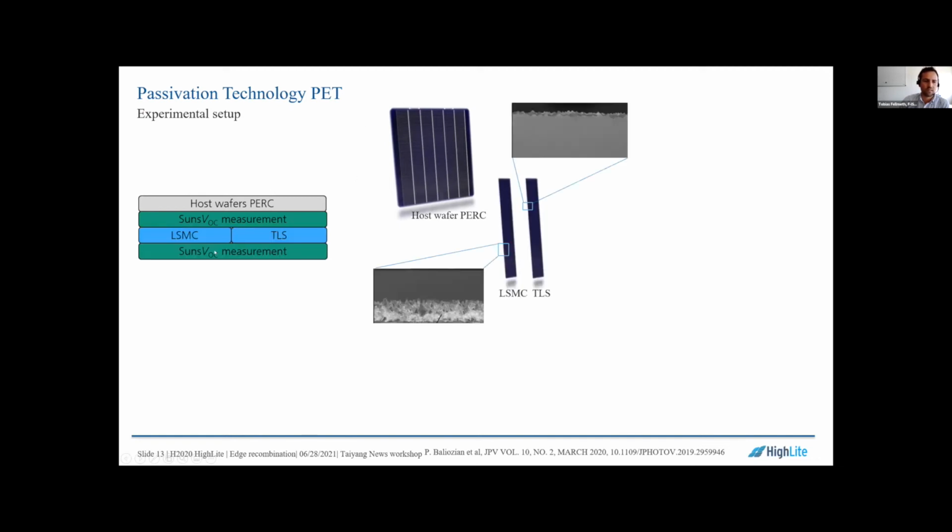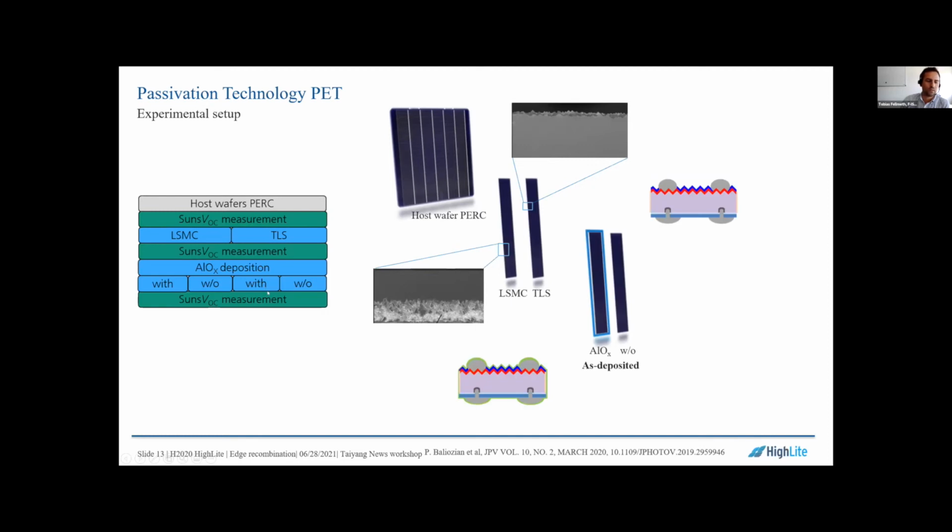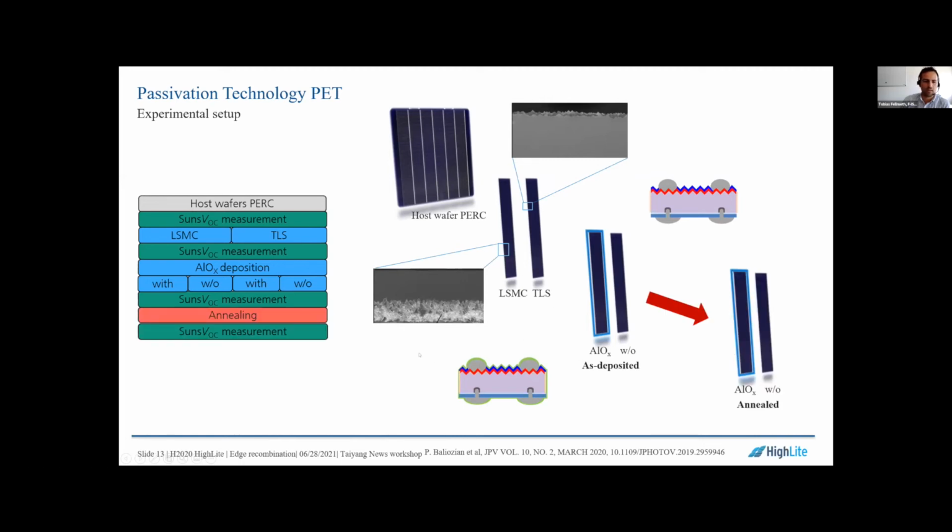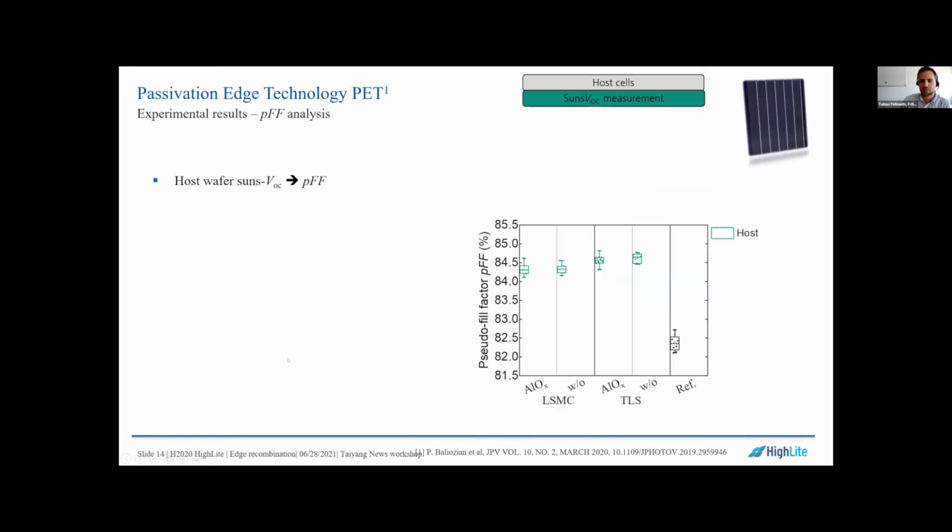And then we basically do LSMC and TLS, cutting these into shingle cells, and then measure SUNS-VOC again. Then we use our thermal ALD process on both shingle solar cells, and then we do the anneal, and then measure over and over again with SUNS-VOC. So we have 4 SUNS-VOC measurements in total, and this is what came out.